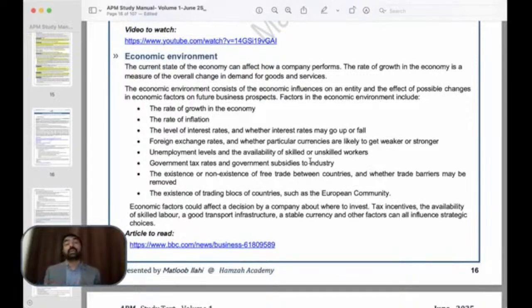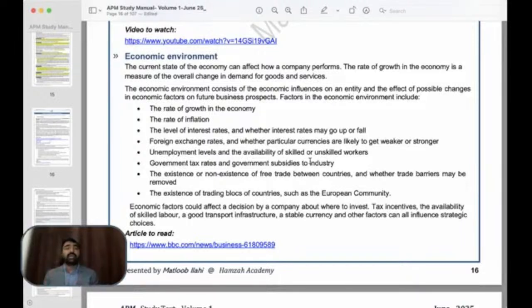Yes, economic environment, how economy would be affecting the performance of the organization, how the economic changes may affect the performance of the organization when there is inflation, when there is a recession, when there is growth in the economy. For example, if the economy is growing at 4%, 5%, 6%, 7%, that means the wealth is being generated.